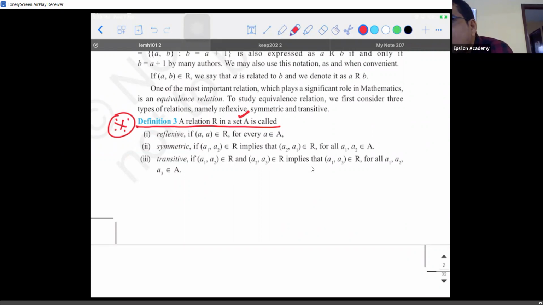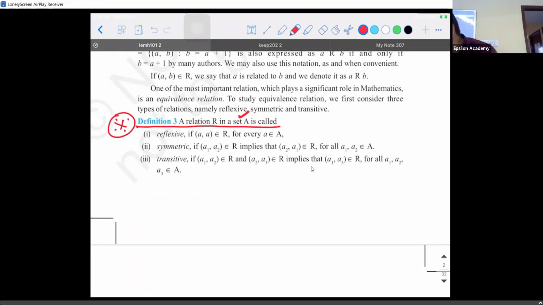If the input element is A, output element is also A. Means if you give the input as 1, the output should also come out as 1. If you give the input as 1.5, the output also should come out as 1.5. If you are able to frame that kind of a relation, then that relation is what is called as a reflexive relation.